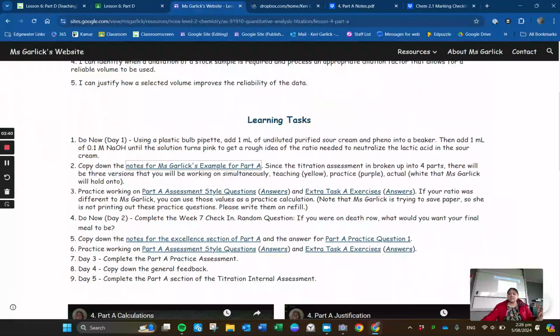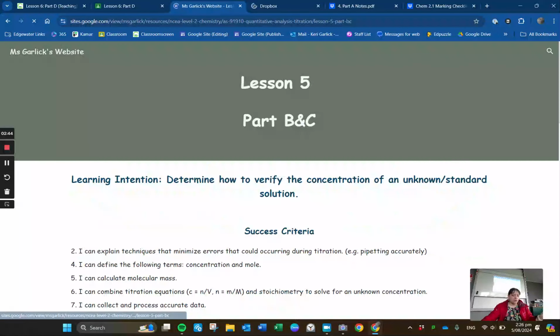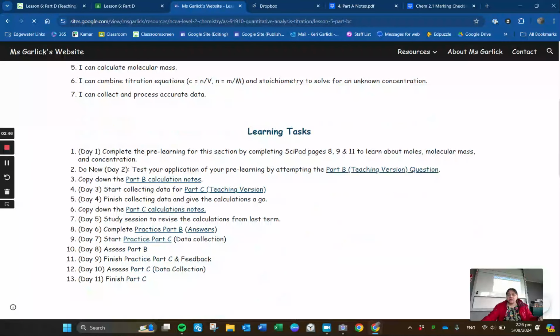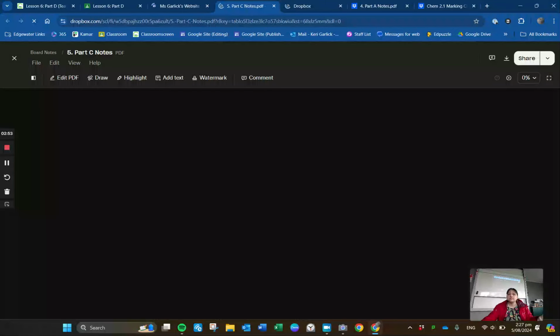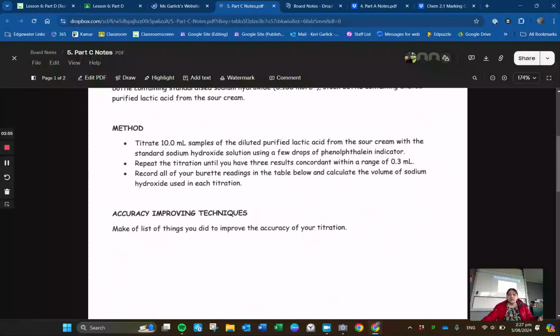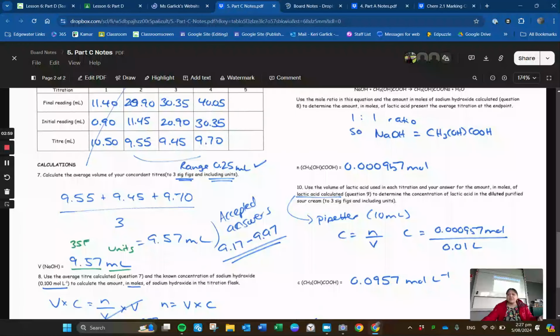Now, in order for us to do that, we have done, obviously, all the practical component to it. And we have figured out a concentration for part C. So here's part C. And I hope I did the math one with you guys. Yes, I did. So when we did the math, we figured out the concentration of lactic acid was 0.0957 moles per liter.